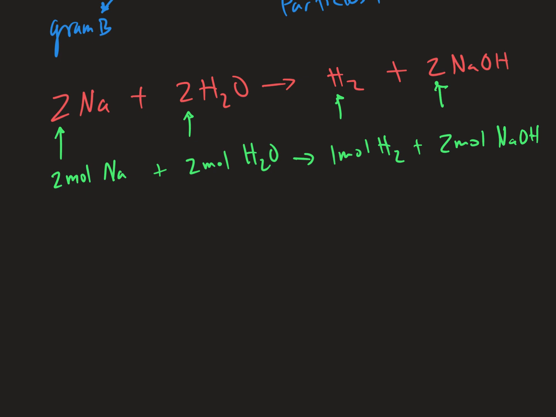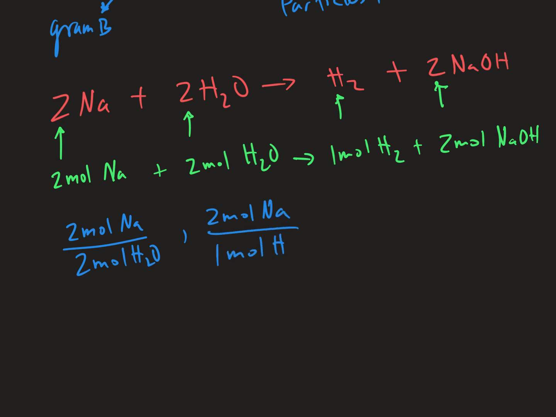All right, so this is saying for every 2 moles of sodium, we have 2 moles of water. It's also saying if we have 2 moles of sodium, we have 1 mole of hydrogen gas.